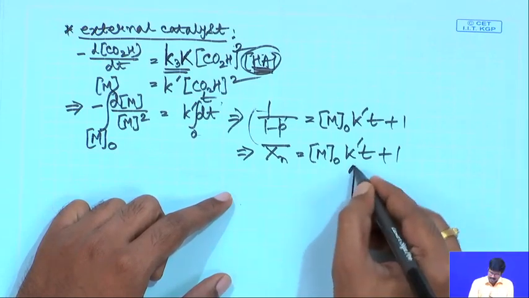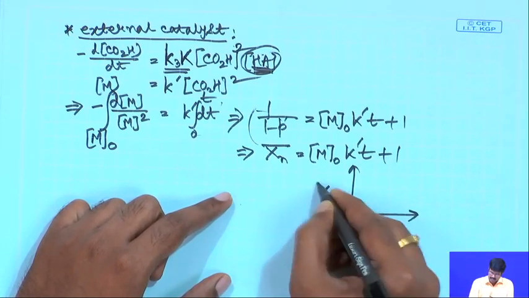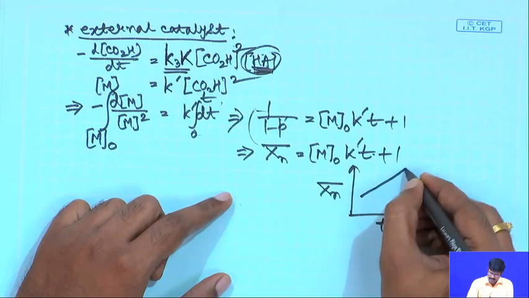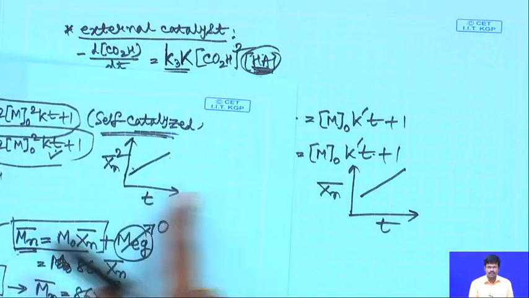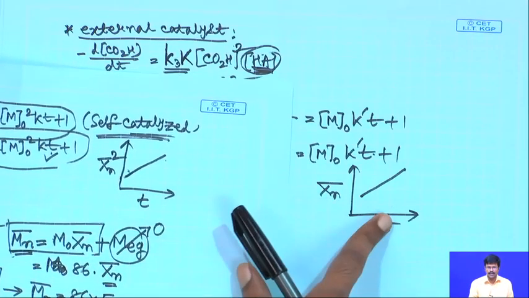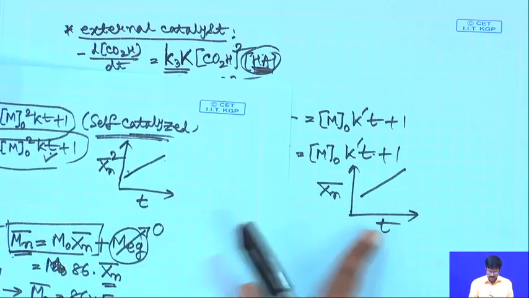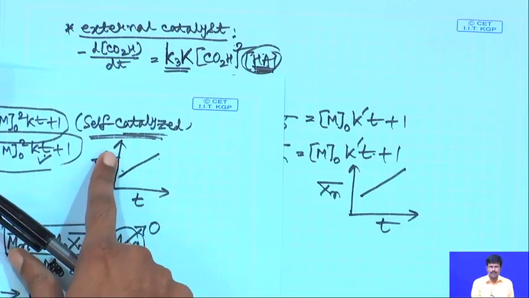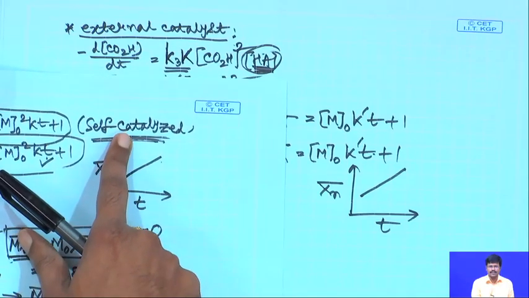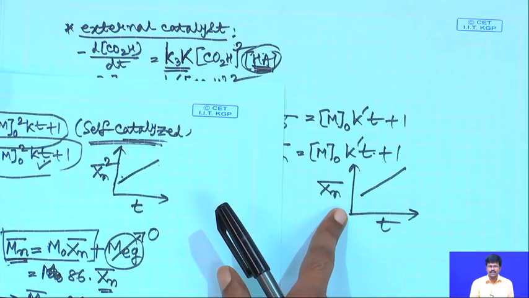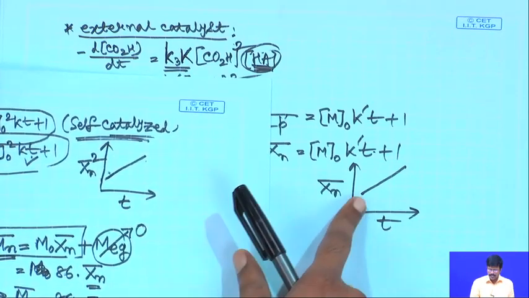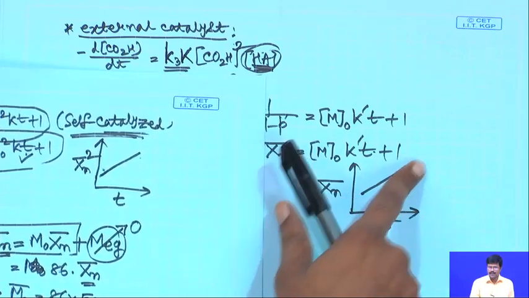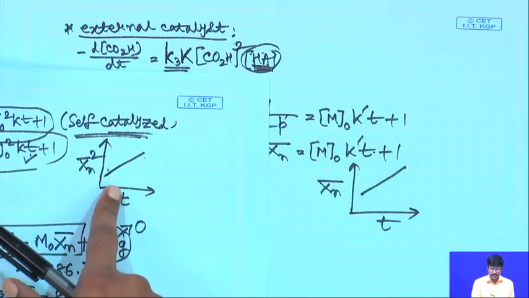You see here your xn bar changes linearly with time. If you compare that with the graph here for the self catalyzed reaction, you can immediately see that time varies with the second power, xn bar square, for the self catalyzed reaction, whereas it varies directly with xn bar in the external catalyzed reaction, which means the slope of this curve is much steeper with respect to this.